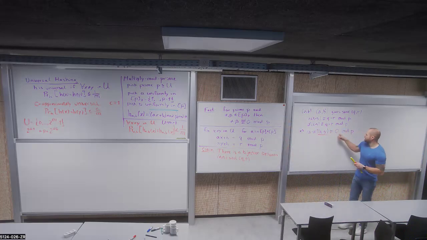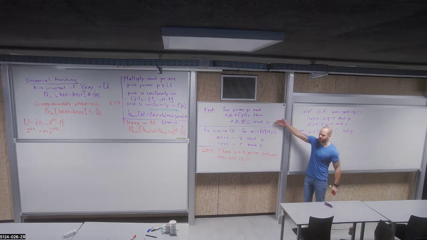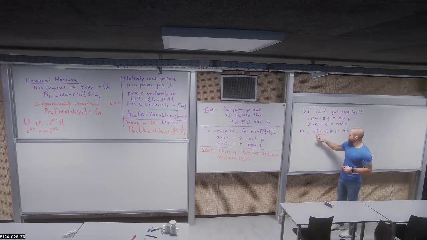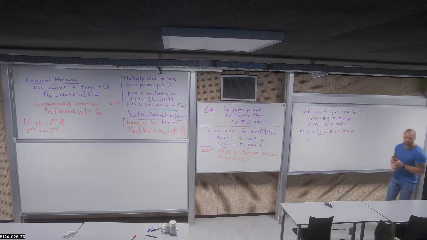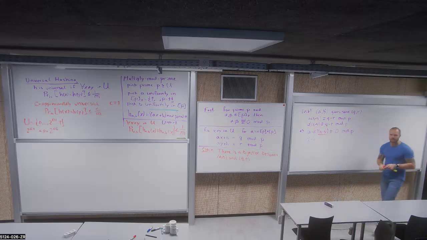If this is non-zero and I'm getting 0 afterwards, the only way that can happen is if this difference is 0, because you cannot have a product of two non-zero numbers that is congruent to 0 mod P. So this implies A prime equals A. So if I have two pairs that give the same QR pair, then A prime and A have to be the same. Let's also argue now that B and B prime have to be the same.